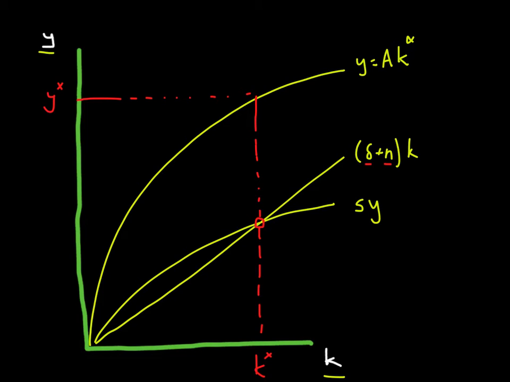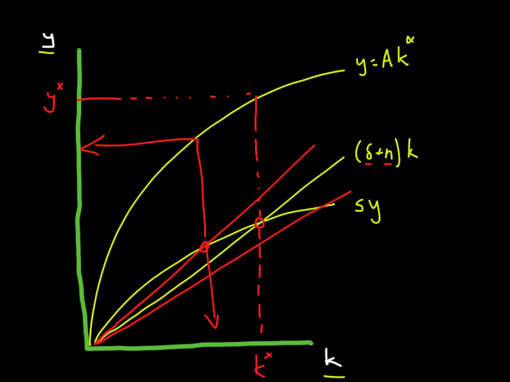Of course, you can notice here, this is an interesting thing, that if the population growth rate was to increase, so if we had a higher population growth rate, you can see that we'll have a lower steady state and therefore a lower per capita income. Conversely, if we were to have a lower population growth rate, then we can have a higher per capita income.